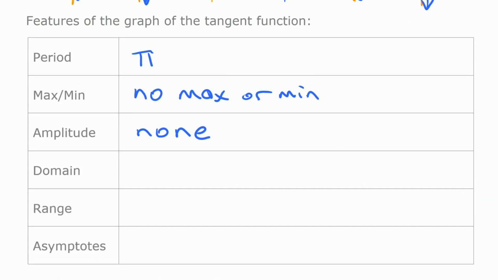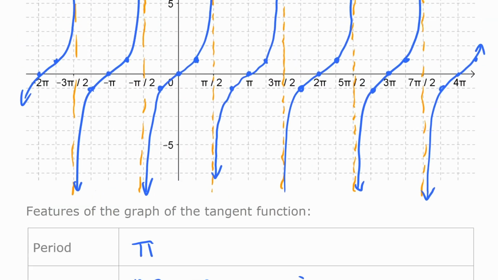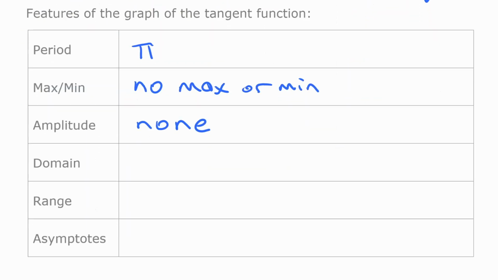The domain is all the possible x values. For the sine graph, you saw that the domain was all real numbers. But here, there are for sure some numbers that are not included, and that is where you see these vertical asymptotes, this asymptotic behavior. Or in other words, the places where tangent is undefined, all those odd multiples of pi over 2: pi over 2, 3 pi over 2, 5 pi over 2, and so on.